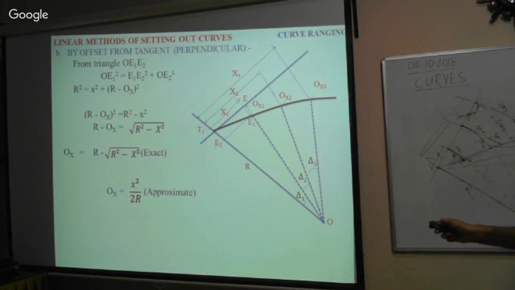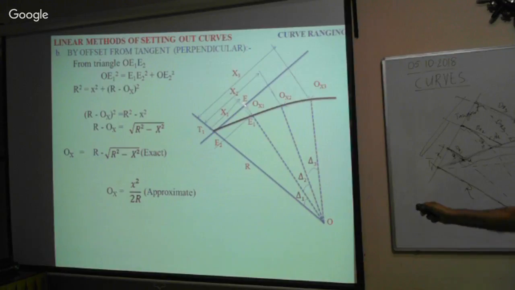Another one is the perpendicular offset. Now let us consider the triangle, with some modifications made here. In the perpendicular offset, this location is E, and the corresponding location on the curve is E1, and this is E2.